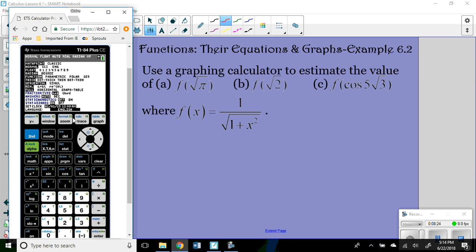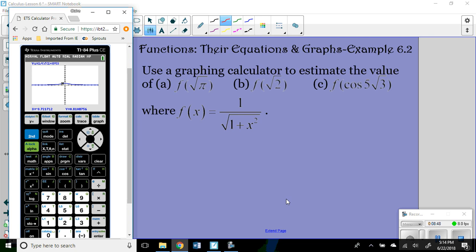Now you're just going to go second, calculate, go to value, and type in cosine of 5 square root of 3. Then if you hit enter, you should get 0.8109. So that should be your answer for part C.